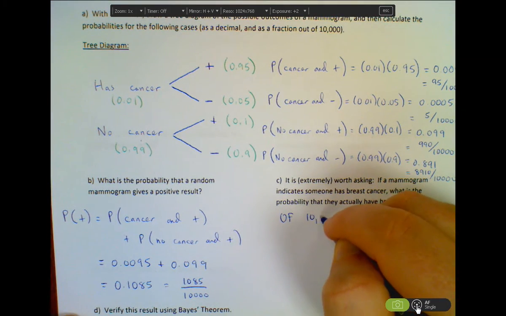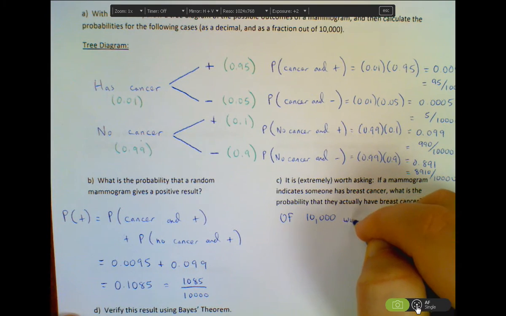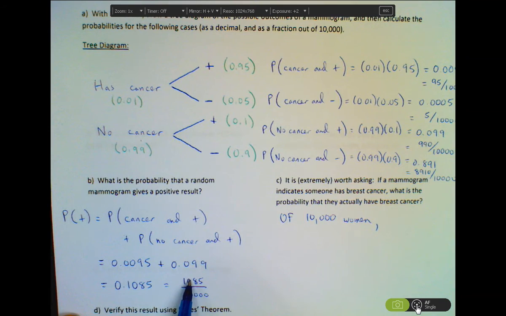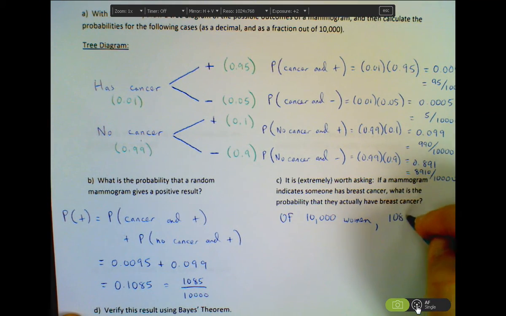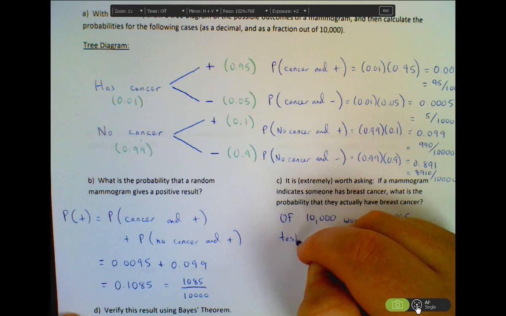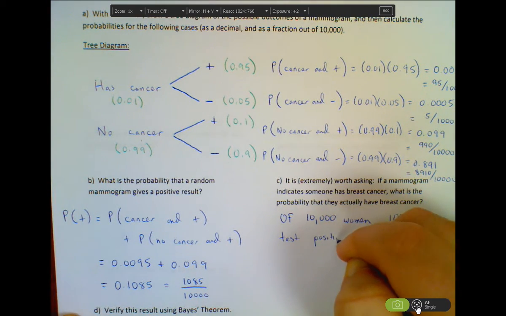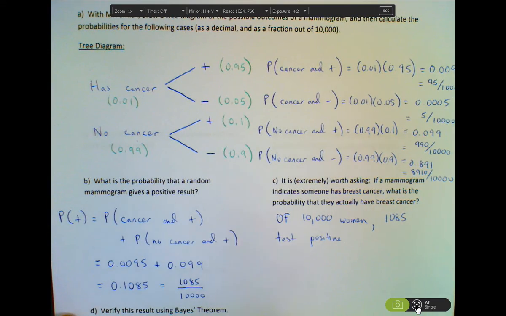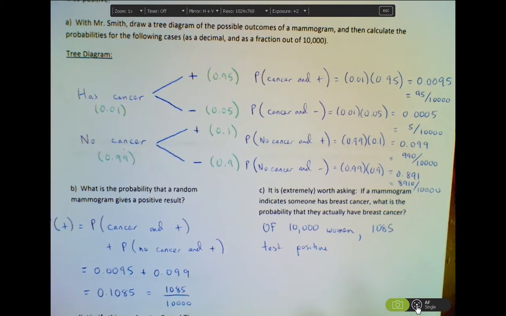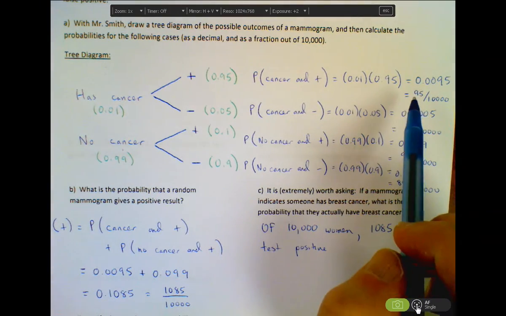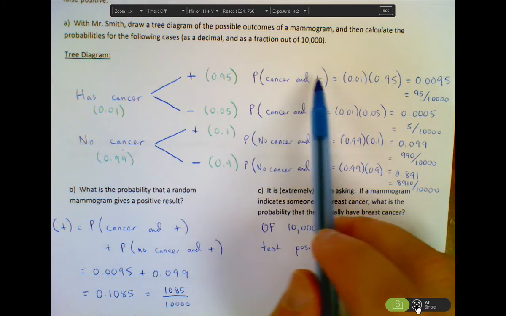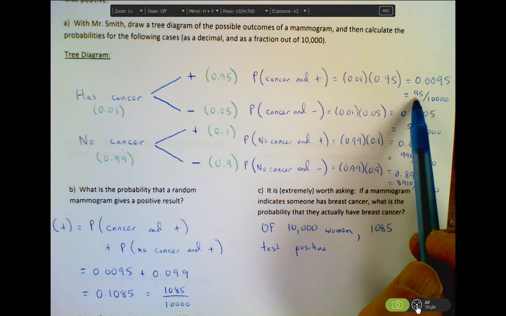So of 10,000 women, here's what we've seen. 1,085 of them test positive. Of these 1,085 that test positive, only 95 of them, look at our diagram, actually have breast cancer.